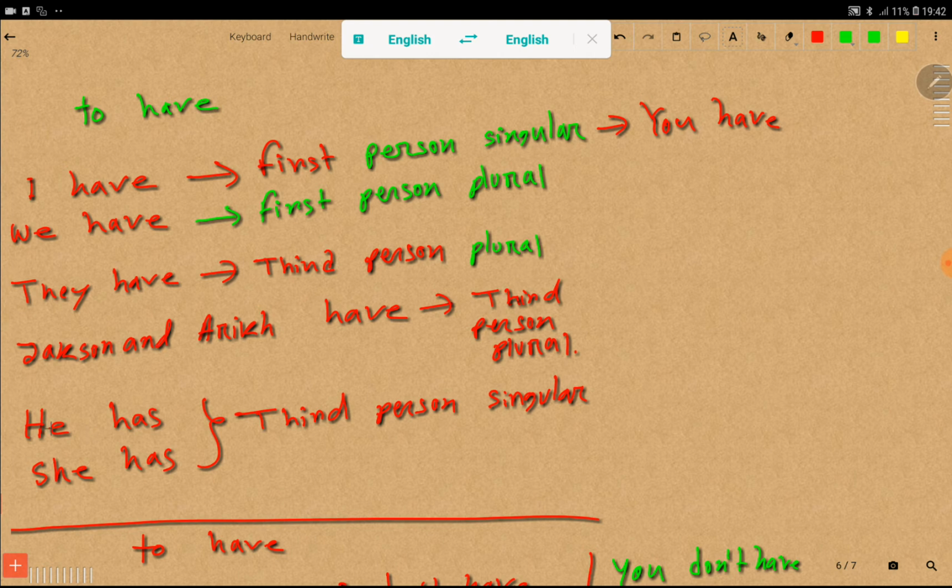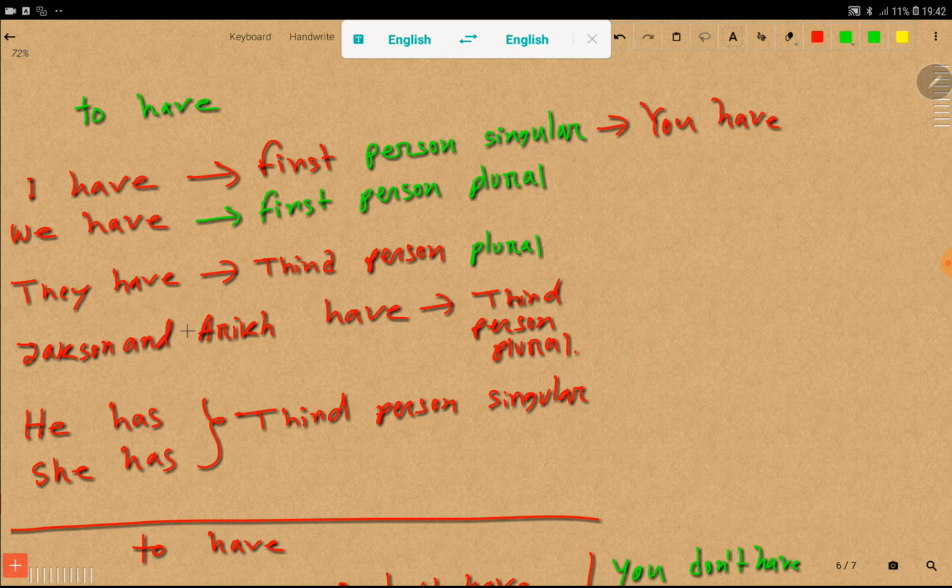Look at here. He has or she has. He, she is third person singular. So with third person singular, we'll use has. He has, she has. But look at here. Jackson and Eric have. We are adding Jackson and Eric with the help of and.